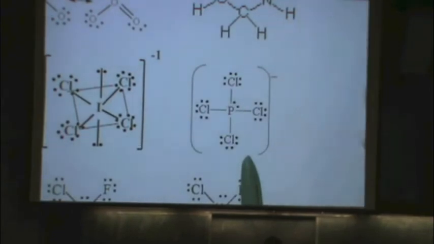All right, here's a tougher one. This one, polar or non-polar? Yeah, this can be a little tough looking at it right now. What's the electronic shape of this? Electronic geometry. That's 5 groups. Trigonal bipyramidal, and the molecular geometry would be called seesaw.